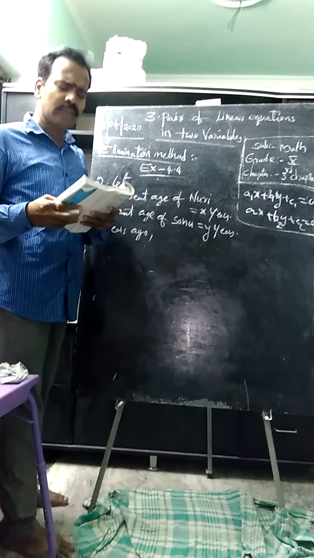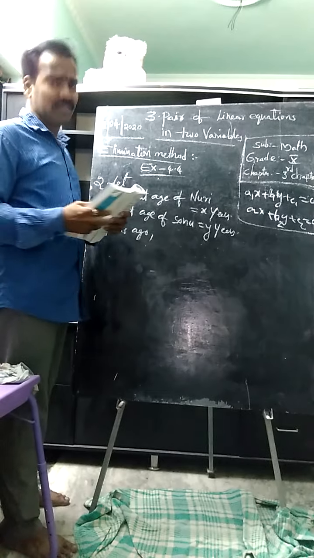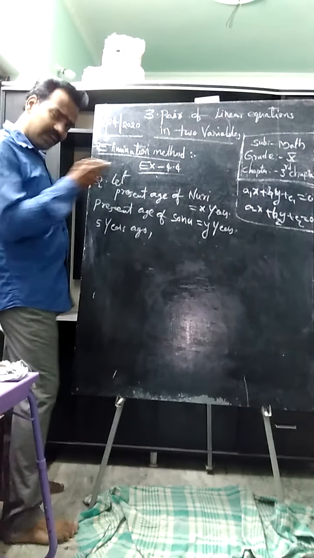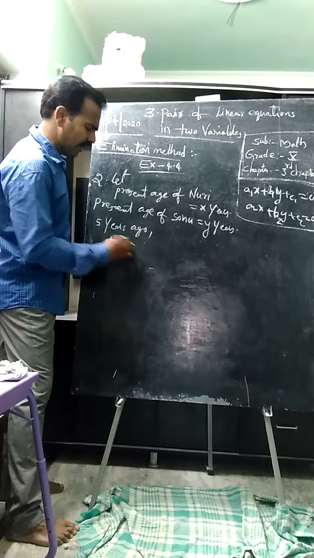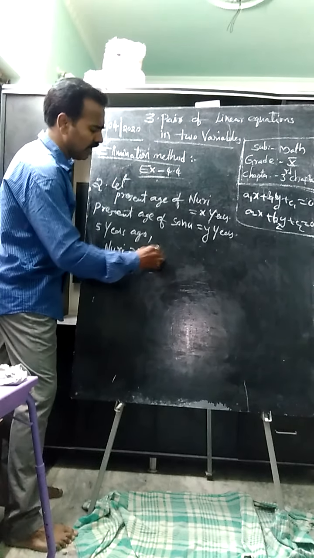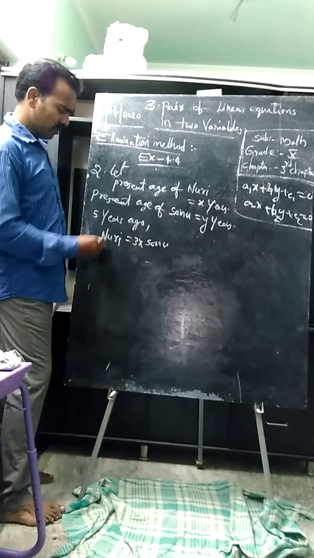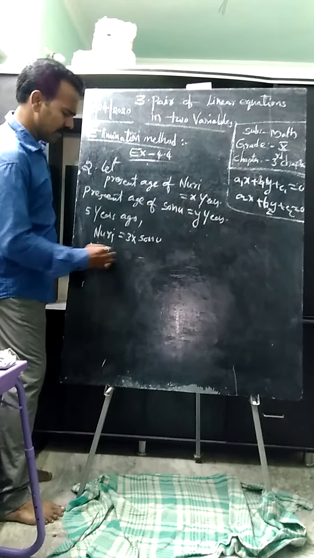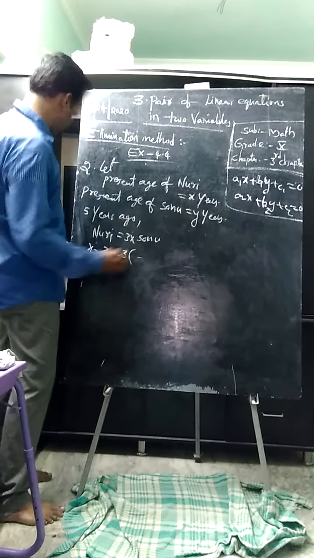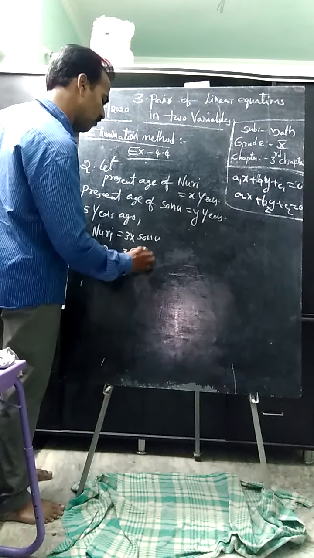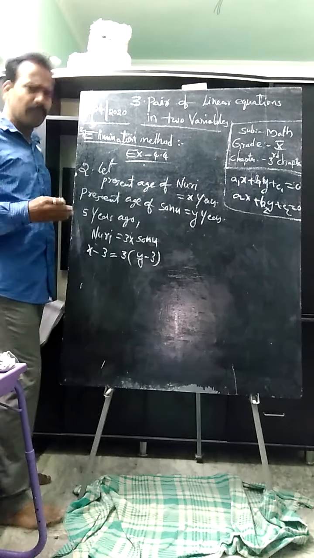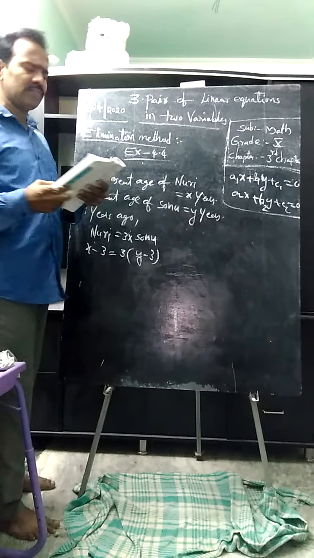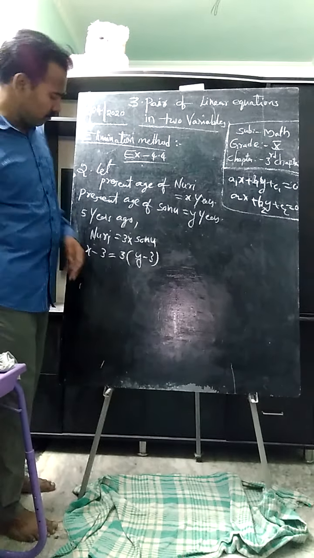So Noori was thrice as old as Sonu. So Noori's age is 3 times Sonu's age. So 5 years ago means x minus 5 equals 3 times y minus 5, because if one person's age is decreased by 5, automatically the other person's age should also decrease by 5.